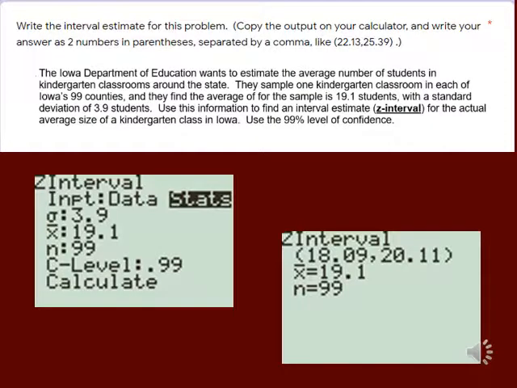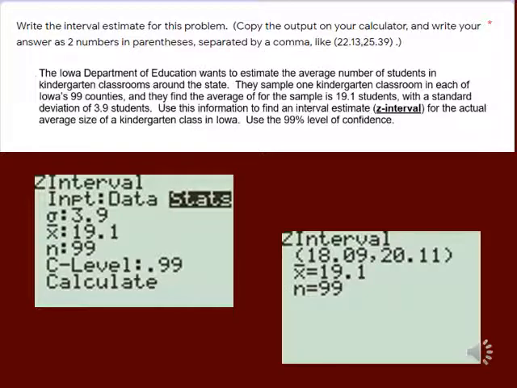The next one that you had in your quiz last week talks about how many kids are in kindergartens in Iowa. And this one tells you to do a z-interval. So you go to z-interval. Here the standard deviation is 3.9. The mean for the samples is 19.1.